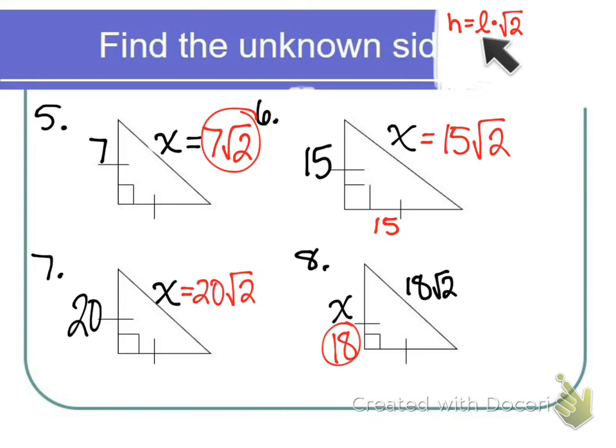If I wanted to get the L alone, or if I wanted to know a leg, what would I have to divide both sides by? By root 2. So a leg then is going to be equal to the hypotenuse divided by square root of 2. So I might add this in your notes as a helpful hint. Of course, H means hypotenuse and L means leg in this case.